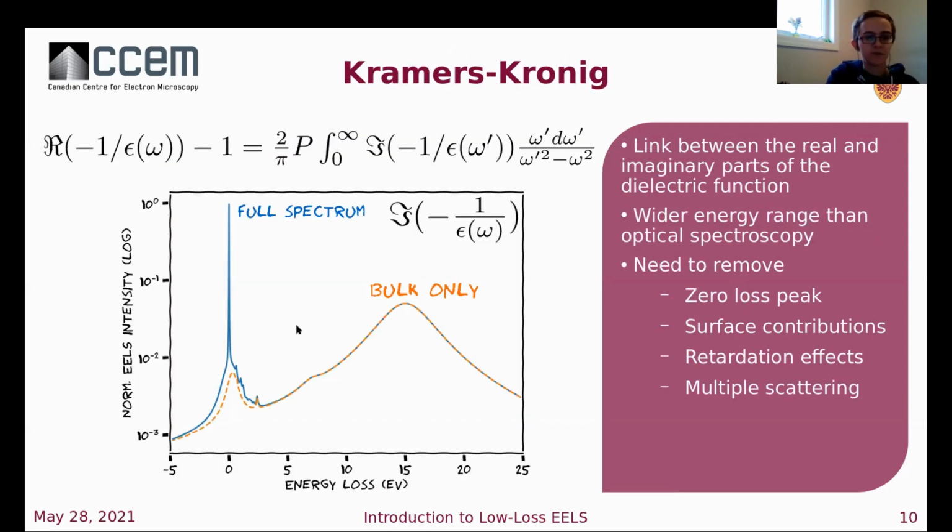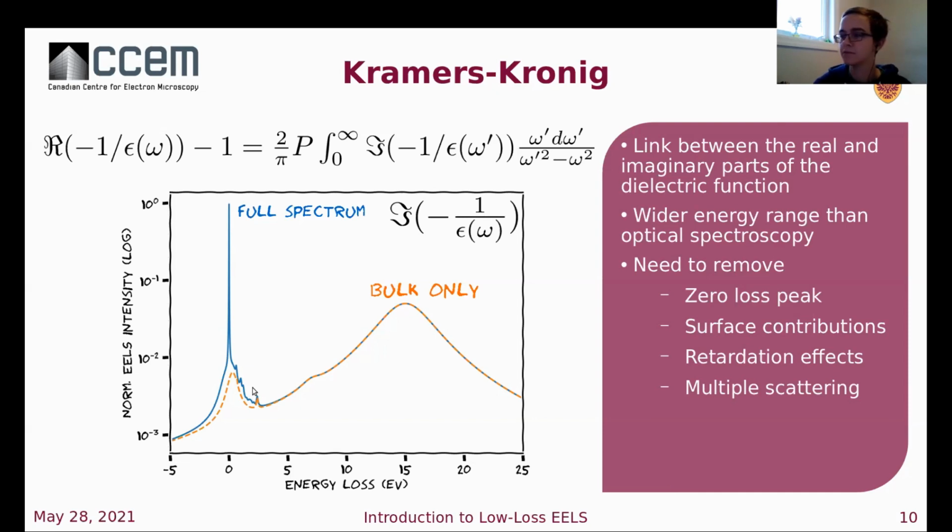The Kramers-Kronig relationships describe how the real parts and the imaginary parts of a dielectric function are related to each other. So if you know the real part, or if you know the imaginary part, you can apply a Kramers-Kronig relationship to derive the other part and retrieve the full dielectric function. Now the EELS signal you get is again related to the imaginary component of the inverse of the dielectric function.